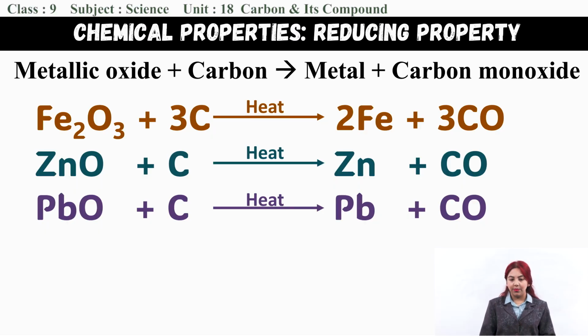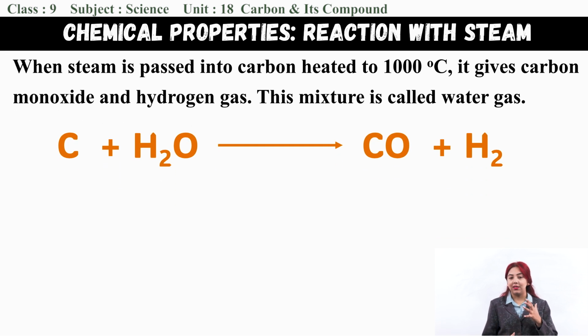Now let us study another chemical property, that is reaction with steam. So when carbon is heated to a very high temperature, about 1000 degrees centigrade, and steam is passed over that hot carbon, it reacts with the steam to form carbon monoxide and hydrogen gas.